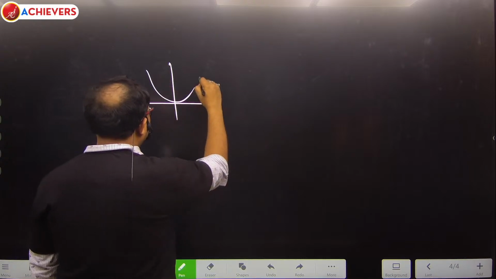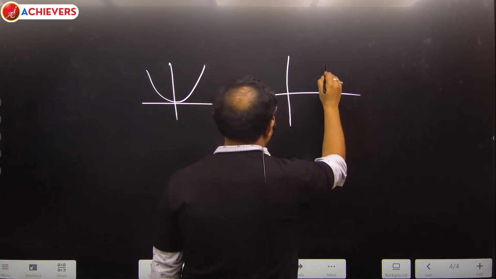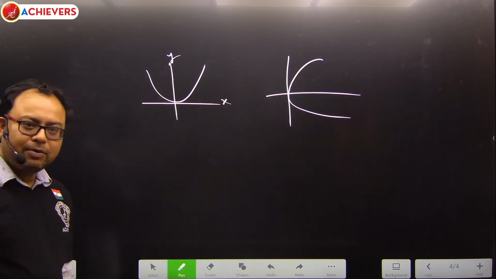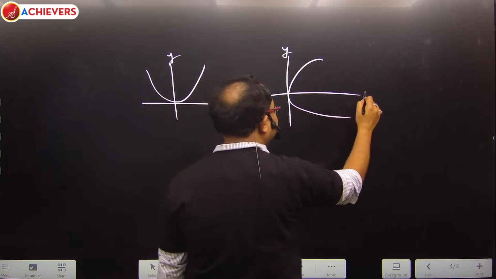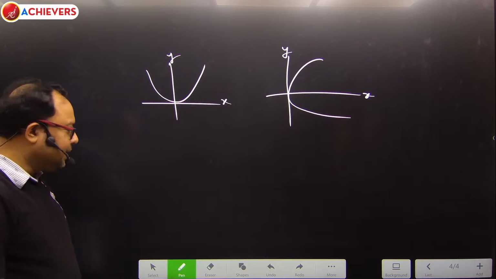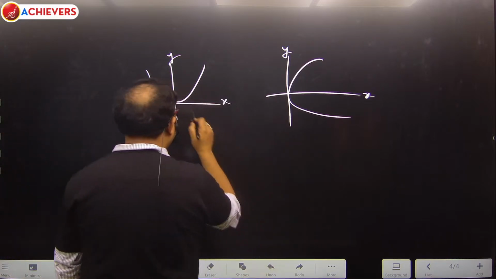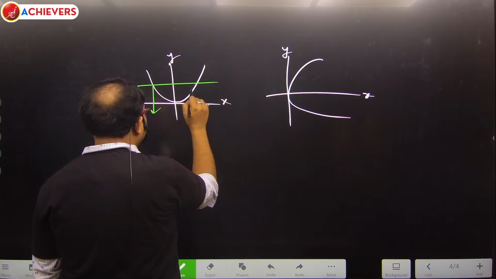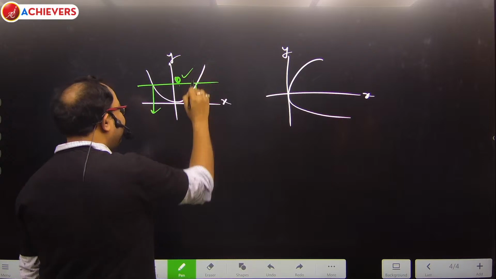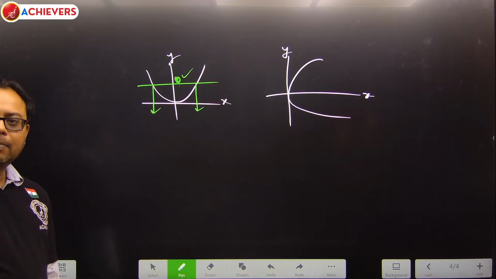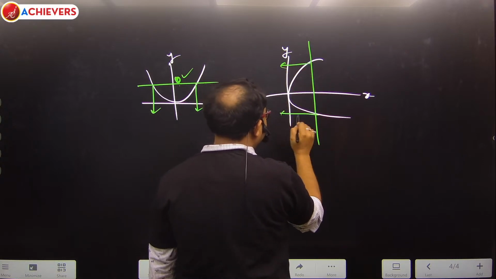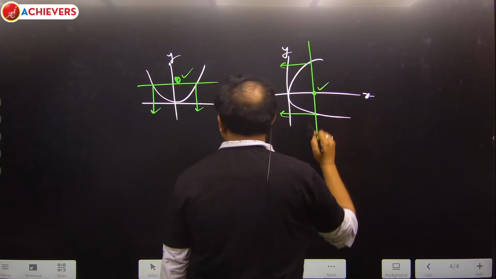You have used two different parabolas over here. This one, y with respect to x, and this one, y with respect to x. So in this case, what do you find? In the first case, you find two roots of x for a particular value of y. And in this case, you find two roots of y for a particular value of x.